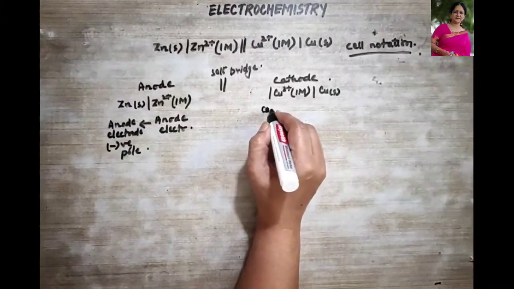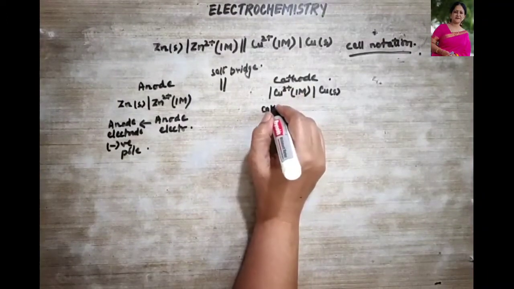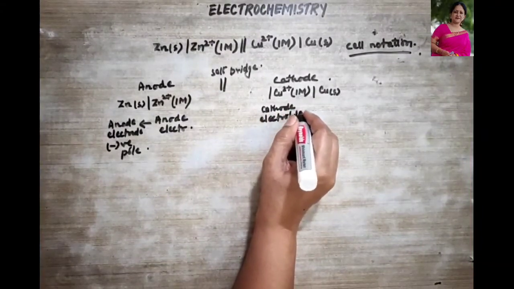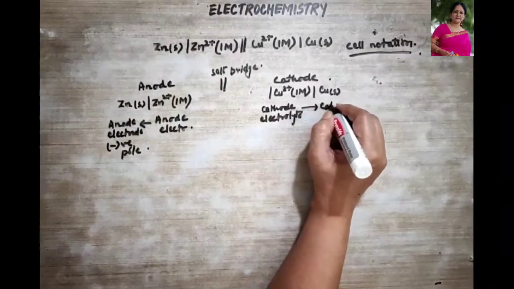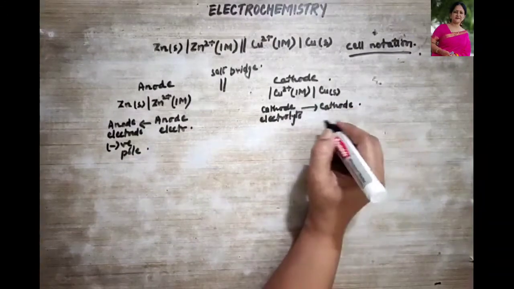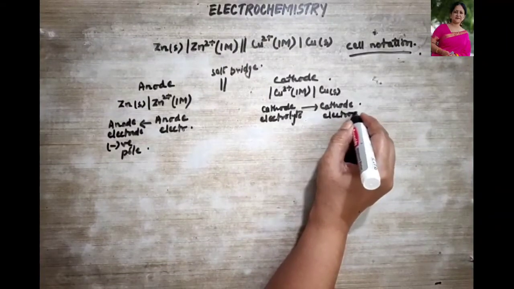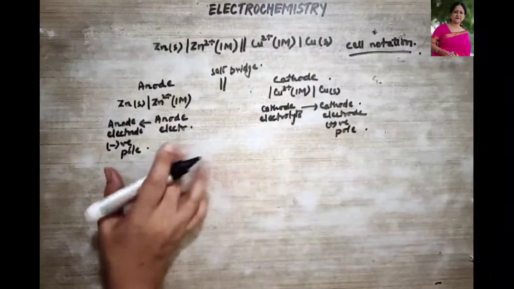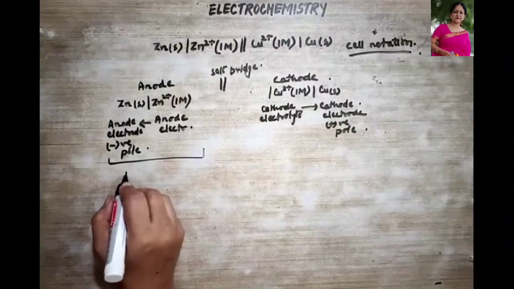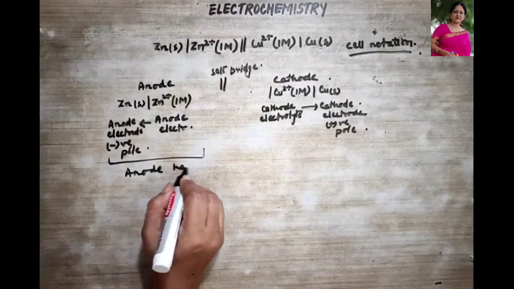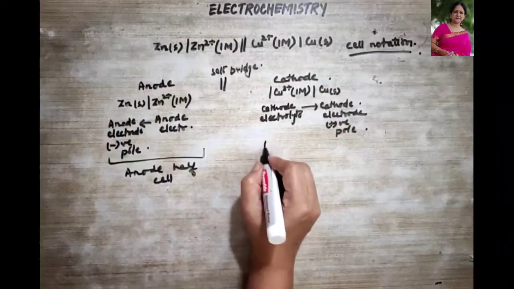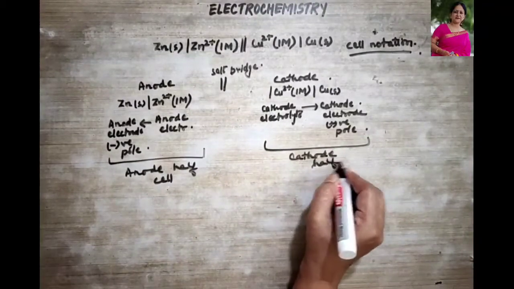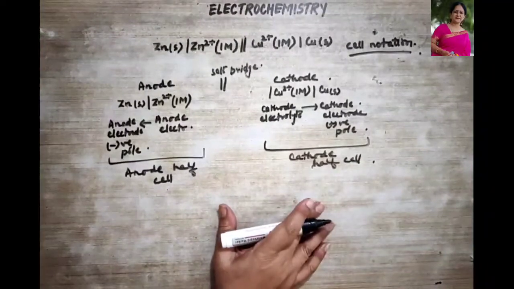So over here this is your cathode electrolyte, moving towards cathode electrode, and this is your positive pole, right? So this shows your anode half cell and this shows your cathode half cell. I hope this is very clear.